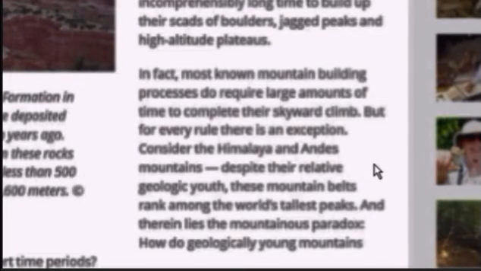And then we're going to look at one of the paragraphs, and it talks about it right here. It says, but for every rule, there is an exception. Consider the Himalaya and Andes mountains. As you notice, they put the Himalaya paradox in with the Andes, and that is because the Himalayas at one time were megalithic structures, and maybe later on, if I can get enough material, I can prove that theory.